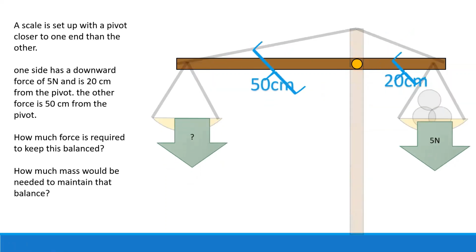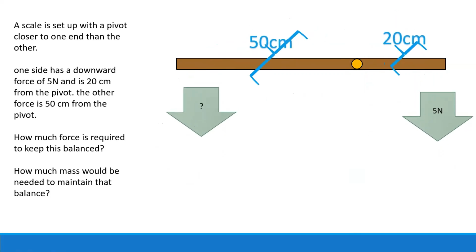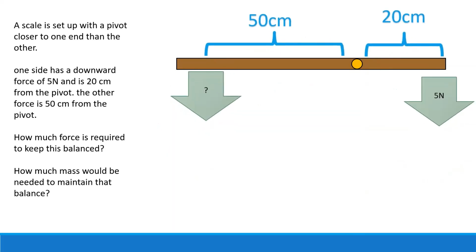It's the same picture, but instead of those massive gold brass looking hangers, I've just got arrows. Instead of those wires, I don't need them. All I need to know is where the pivot is and the distance away from the pivot. This also gives me some space to work through this question down the bottom here.